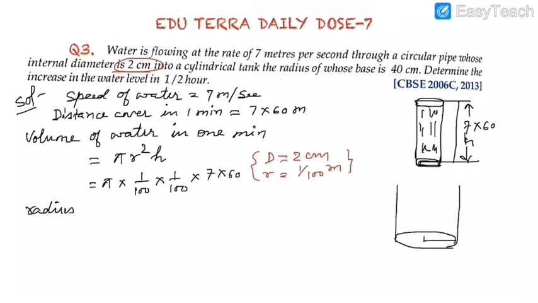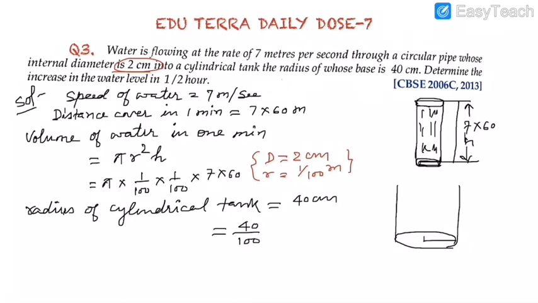Radius of cylindrical tank equals to 40 centimeter, otherwise equals to 40 upon 100 meter.